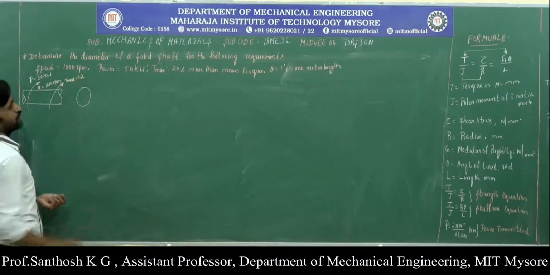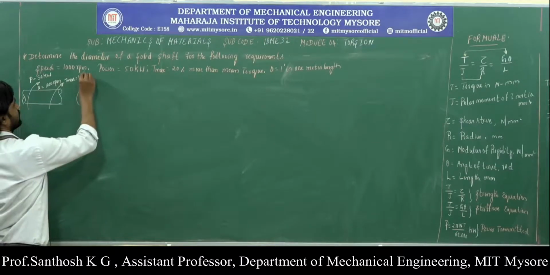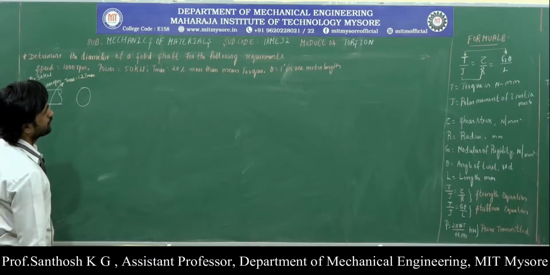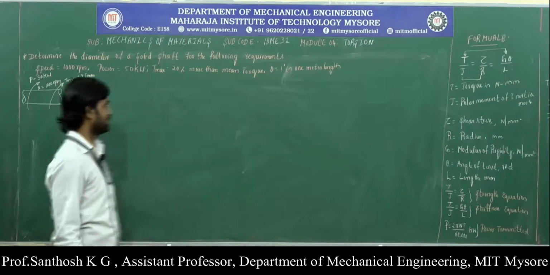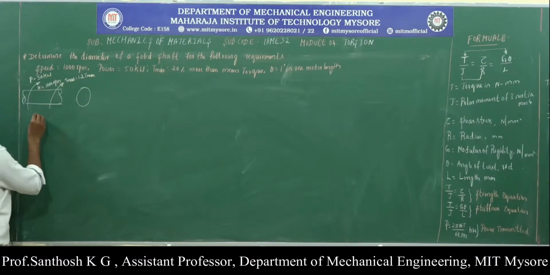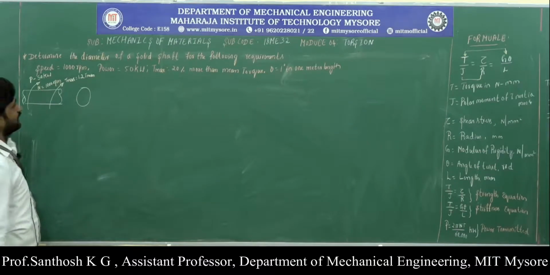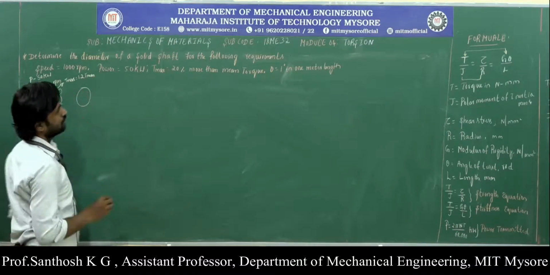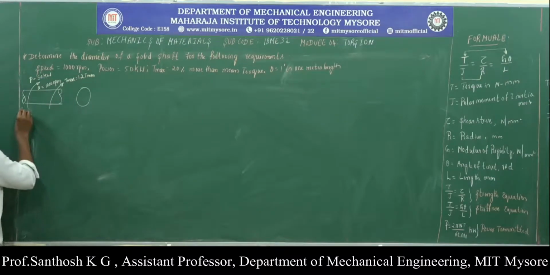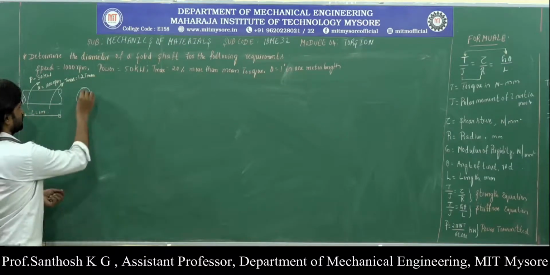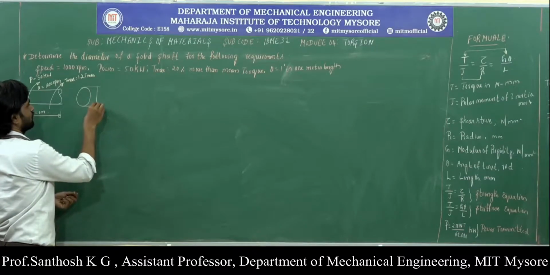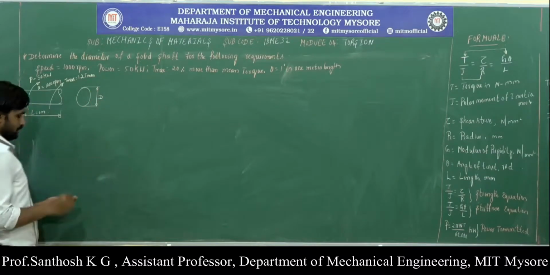So, 20% more is 1.2 times the mean torque, and also they have given that the value of theta is 1 degree. So, theta represents the angle of twist, and 1 meter length means the length of the member is 1 meter. So, for these conditions I should find what should be the diameter of the shaft.